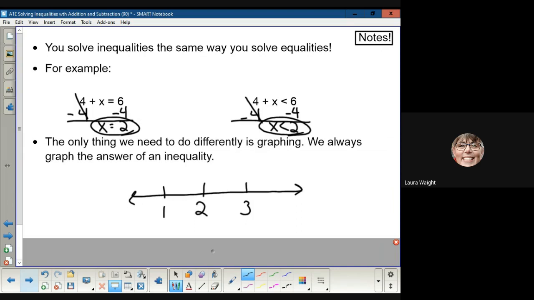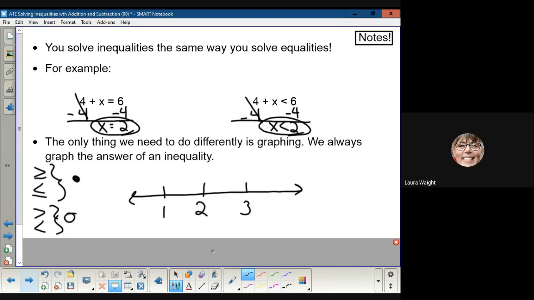Now, x is less than 2, and so remember, let me say it this way. If you have a greater than or equal to and a less than or equal to, those guys are closed dots. And then you have greater than and less than, and those guys are open dots.